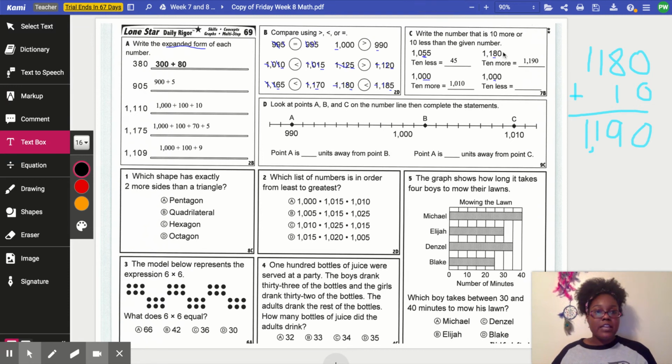All right, now I'm going to do the one that says 1,000 with 10 less. Well, if I think about the number 100, I know that 10 less than that is 90.